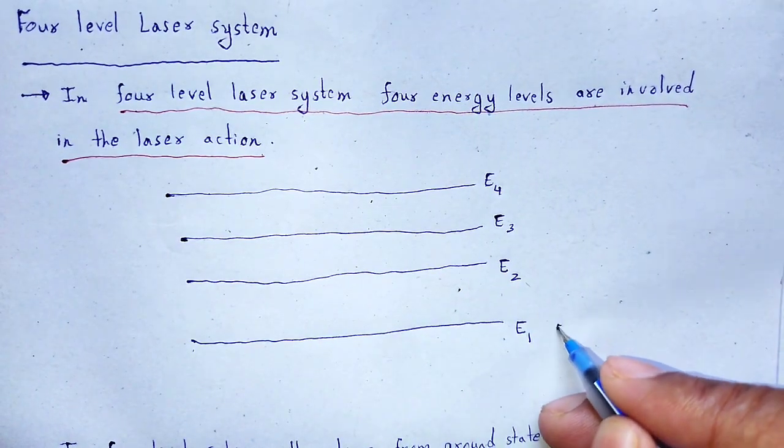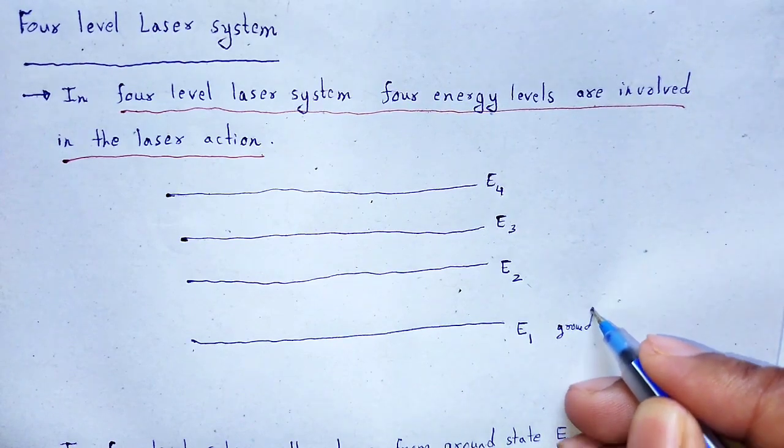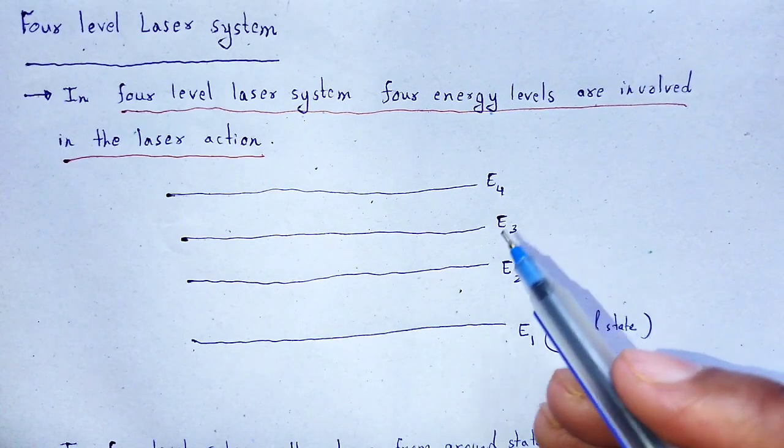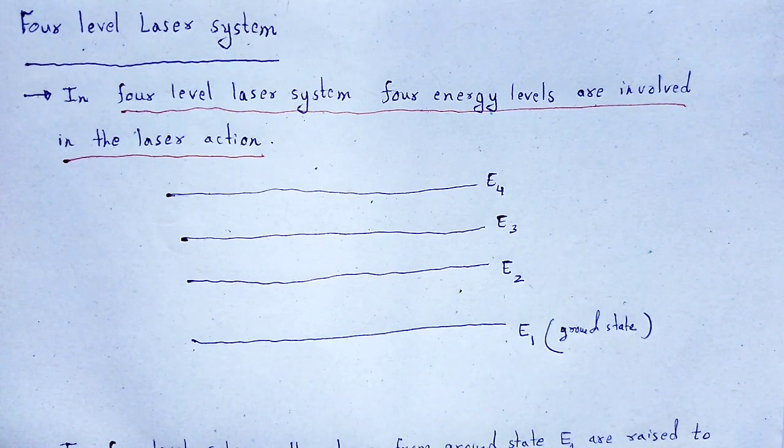E1 is the ground state energy level. Next, E2, E3, E4 are the excited states.